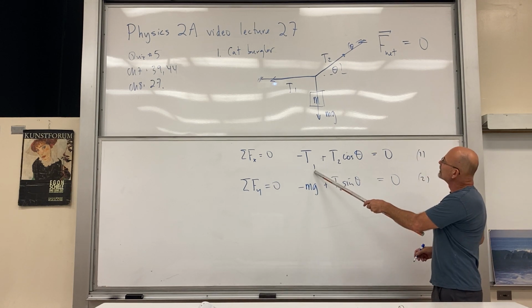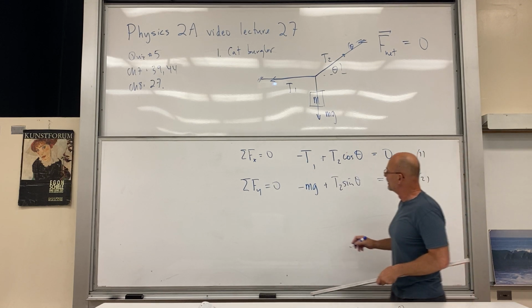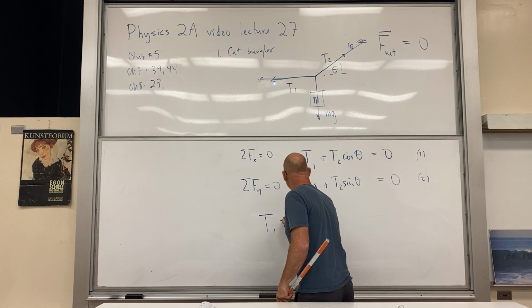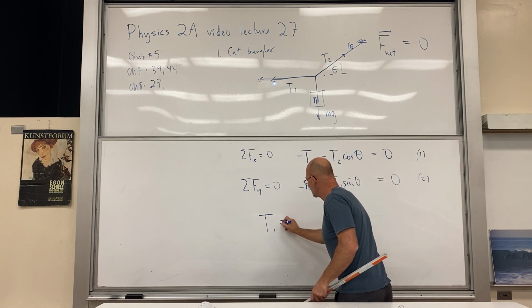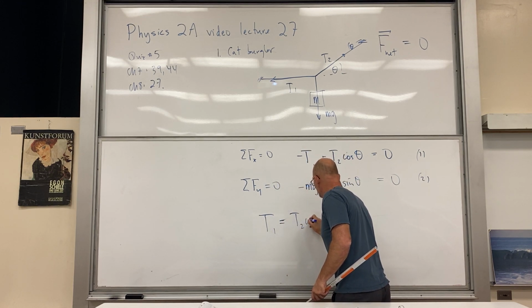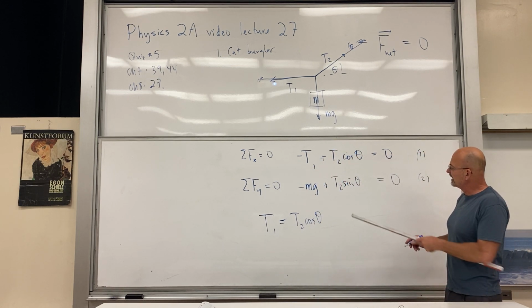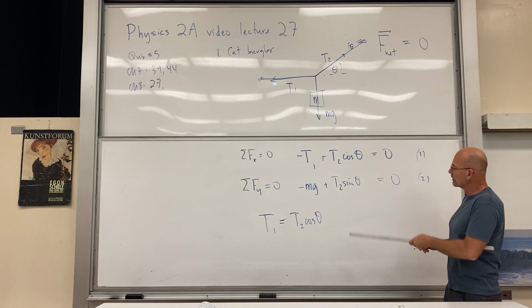So to get T sub 1, the horizontal, let's see what we have here. We have T sub 1 clearly is equal to T sub 2 times the cosine of theta. And what's T sub 2? We can get that from the second equation.